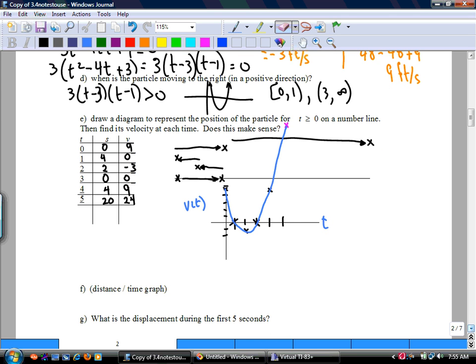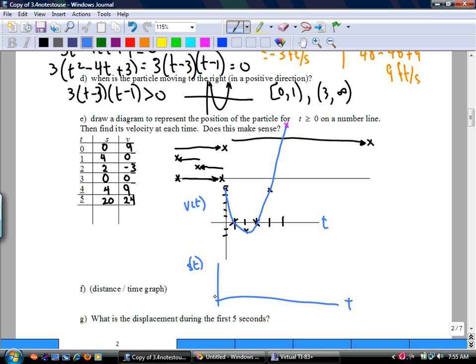Well, we've done the distance time graph. Well, I guess no, we didn't. We should do a distance time graph. So a distance time graph, or S of t, would look like this.